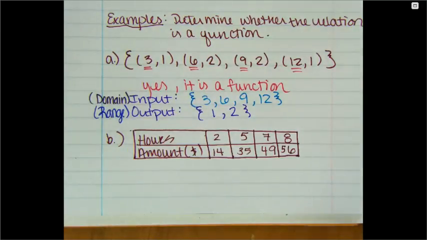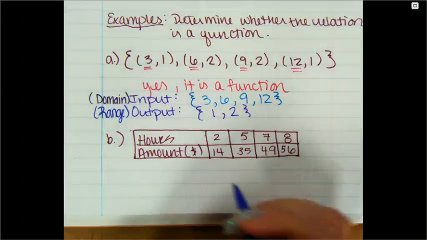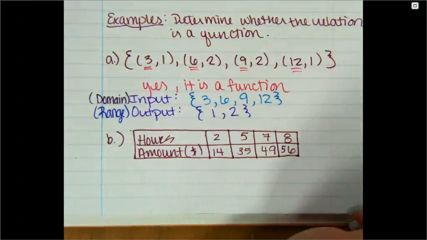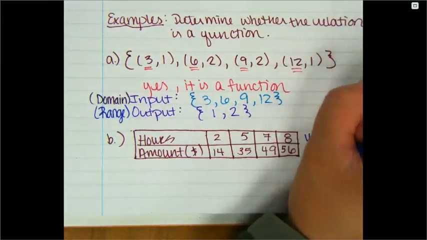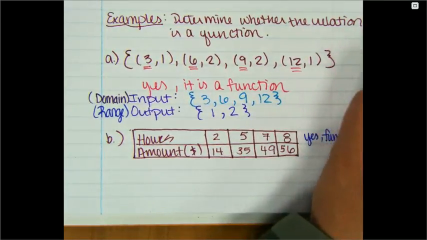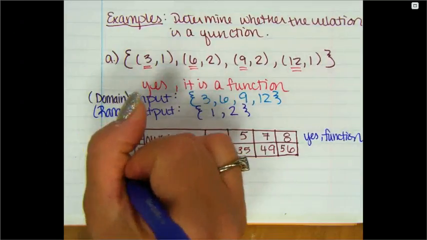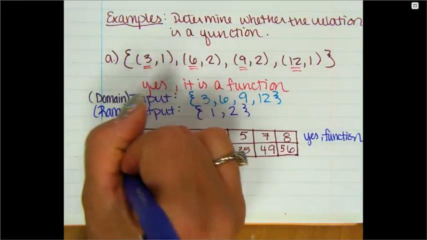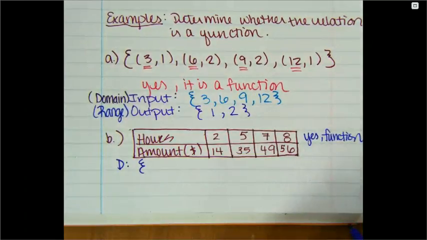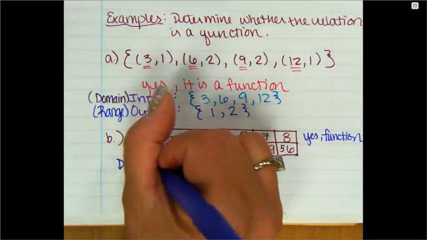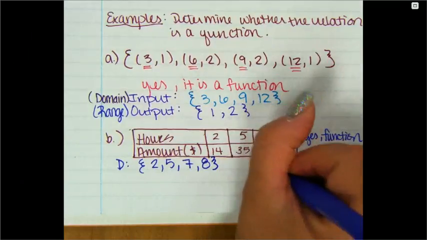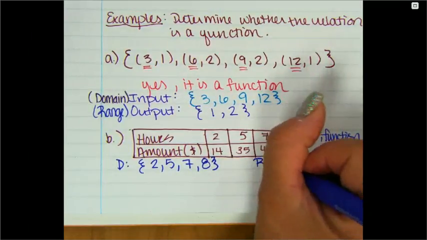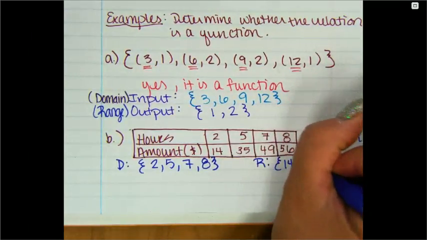All right, do we have a function? Okay, we do have a function. Did you list your input or your domain? What did you list for input or domain? 2, 5, 7, and 8. And what did you list for the range? Good.